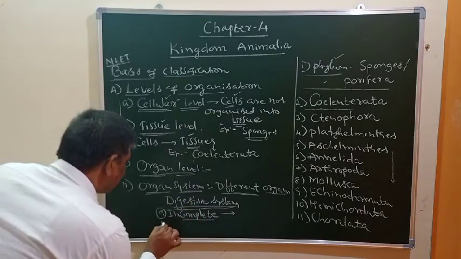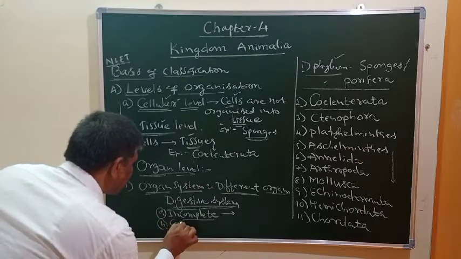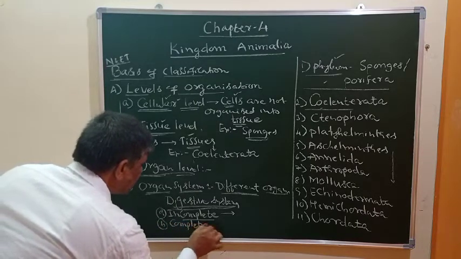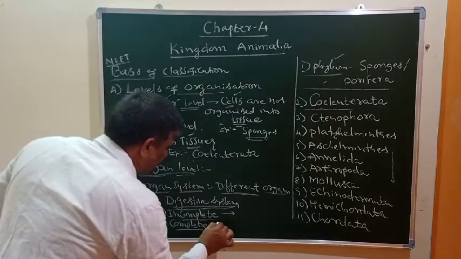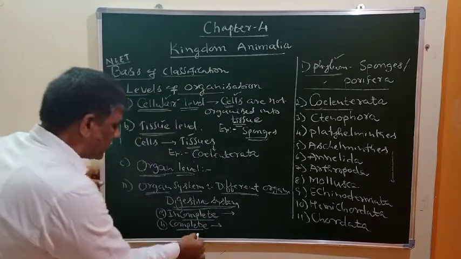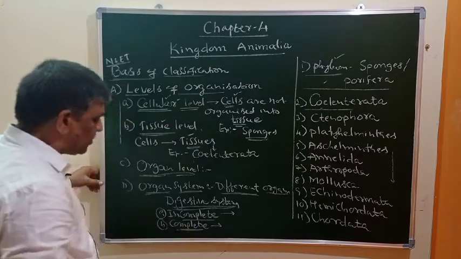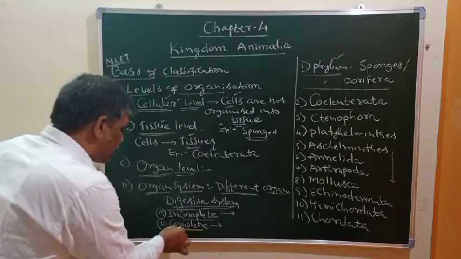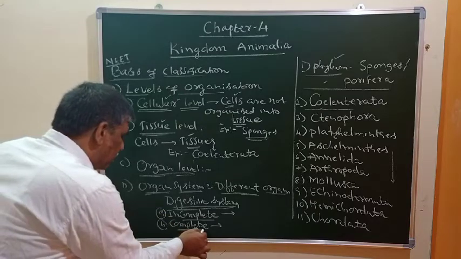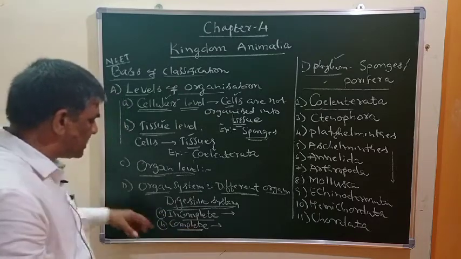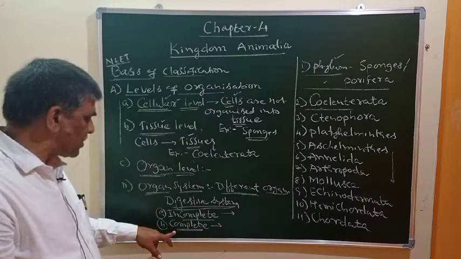And some organisms have a complete digestive system. Complete digestive system means they have two separate openings, one for intake of food and another for removal of undigested food, and a well organized structure is present.